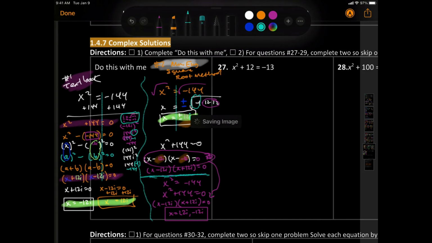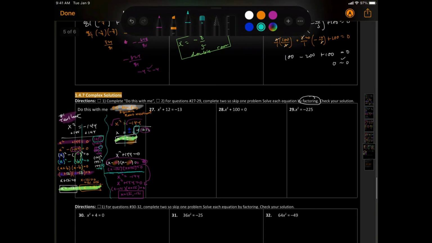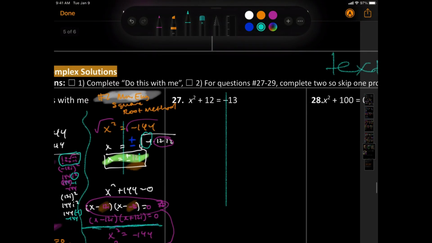Let me write this above so I don't forget. Textbook. And really, it's not my method, it's the square root method. Okay, for number 27, let's move this to the other side.